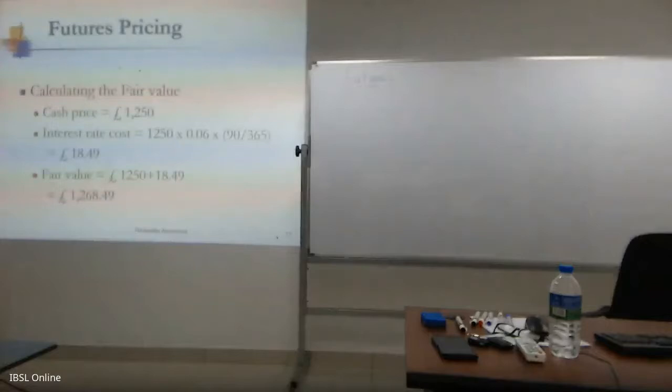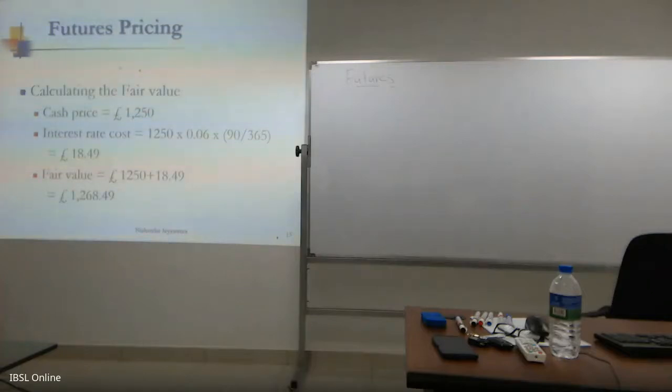Okay. If you buy that asset today, you have to pay 1,250 and hold it for 90 days, and then you lose the interest income of 18.49. So if you postpone, without buying today, and buy it in 90 days, you have to pay that to be fair to the other party.